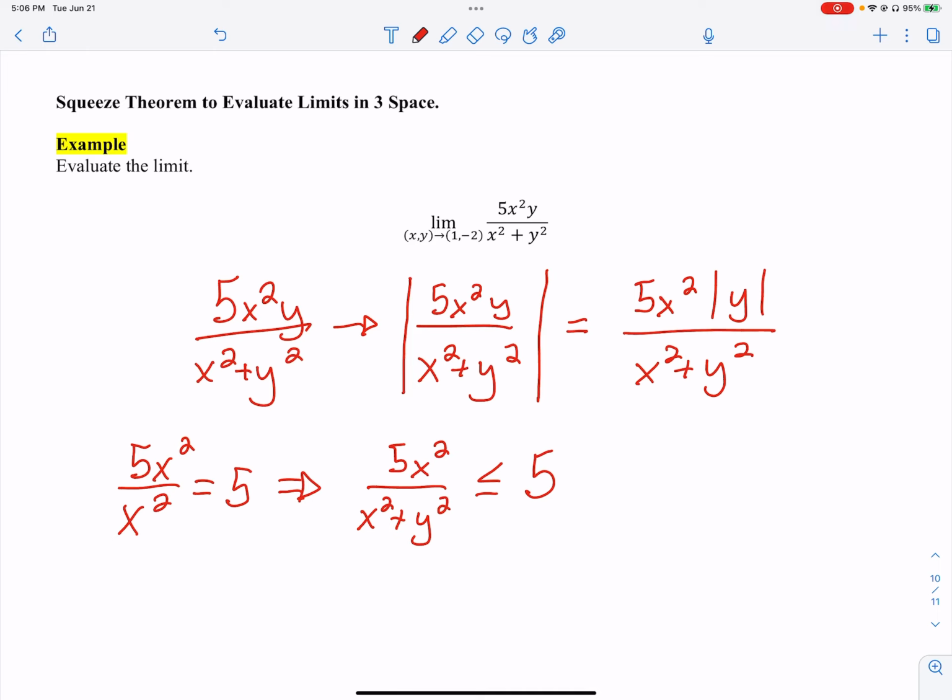But if the denominator gets bigger, consider this: 1/3, if I make it go up by 1, 1/4. It got smaller. If I go up to 1/5, it got smaller again, right? If I make the denominator bigger, it gets smaller. That's why I get this, because when I just do x squareds with a 5, I get a 5. So if I add something in my denominator, it gets smaller, so it has to be less than what it was.